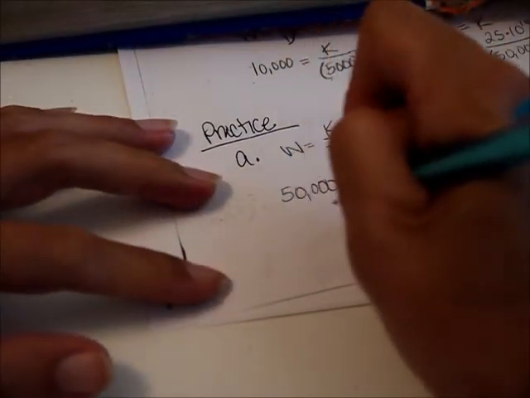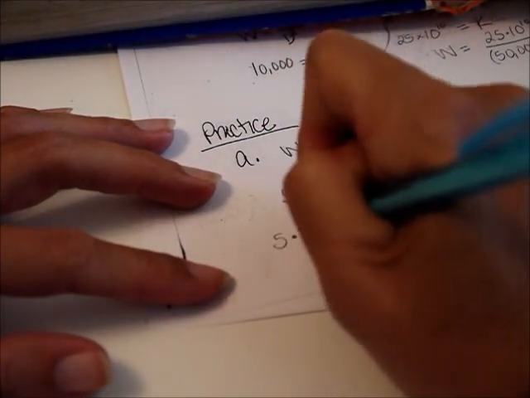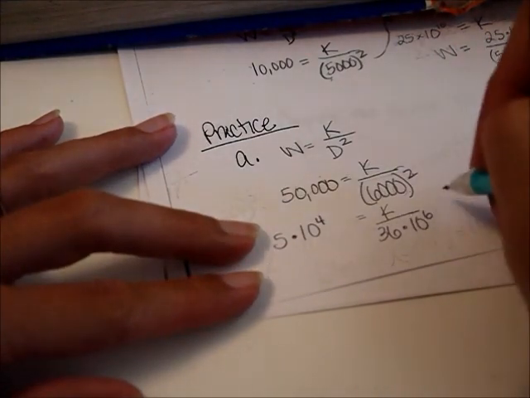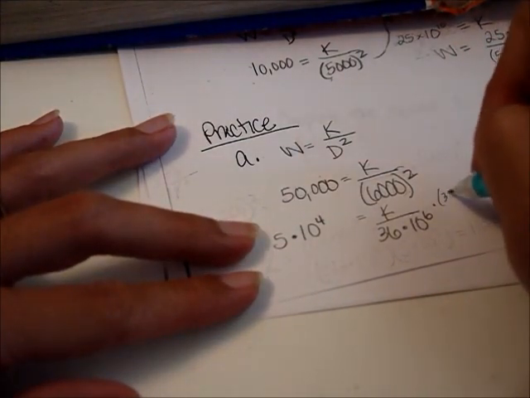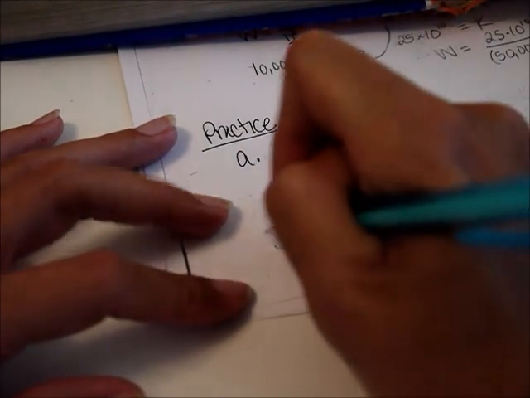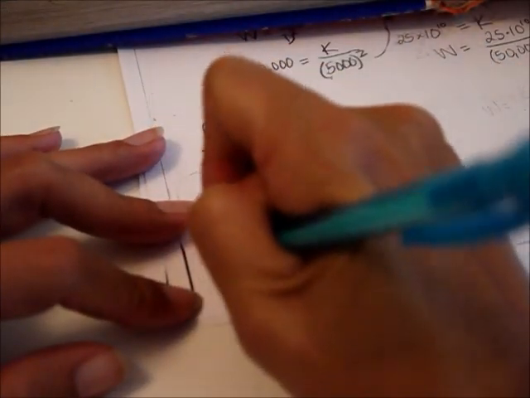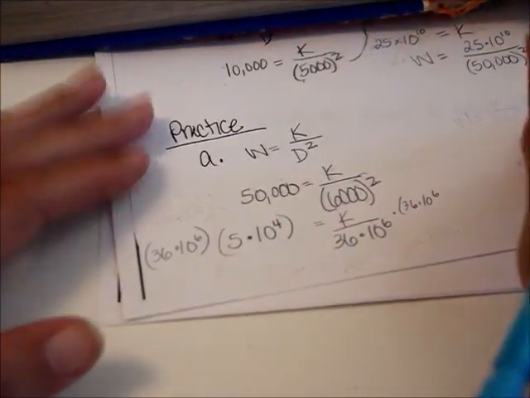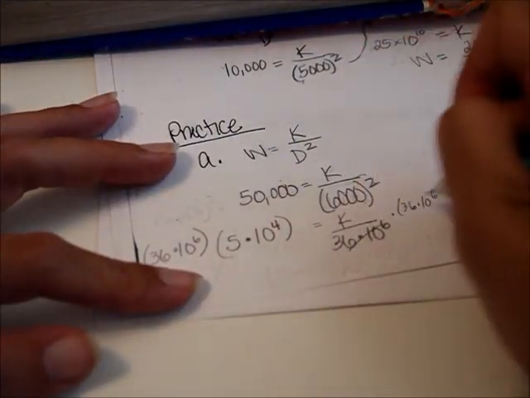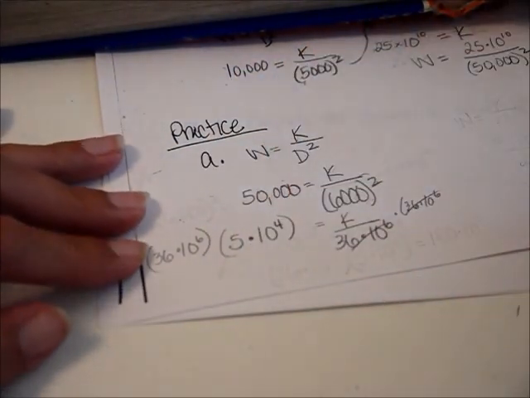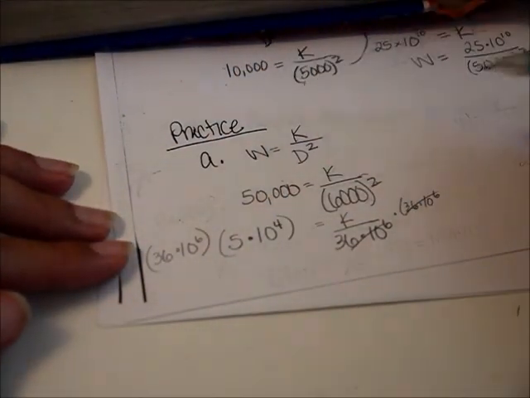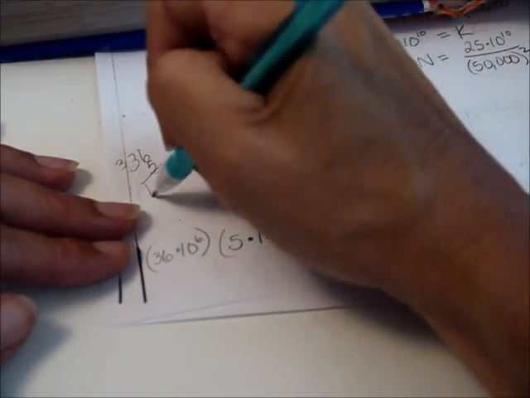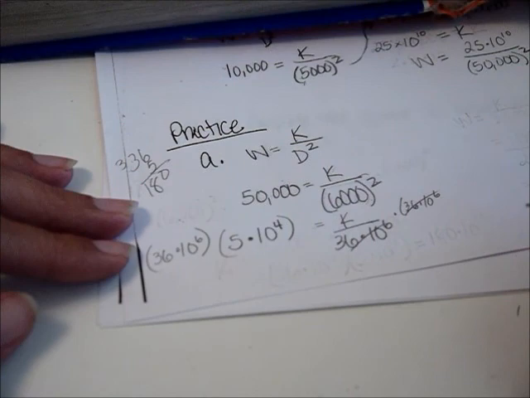And this we're just going to say 5 times 10 to the 4th, so that it's easier to calculate. Now we multiply both sides by 36 times 10 to the 6th, and those go away, so now we just multiply 36 times 5, which is 180.